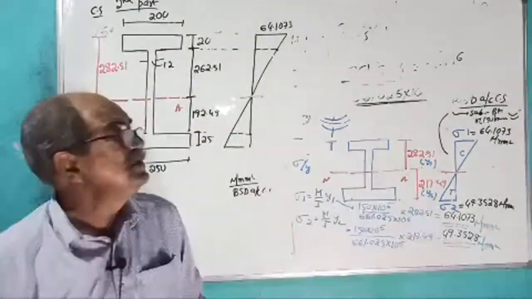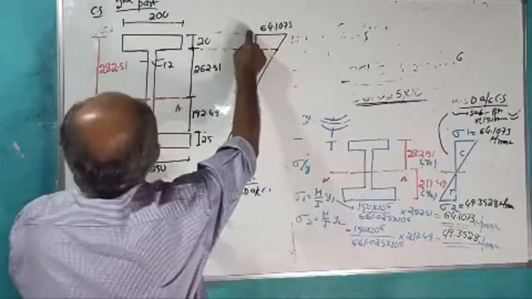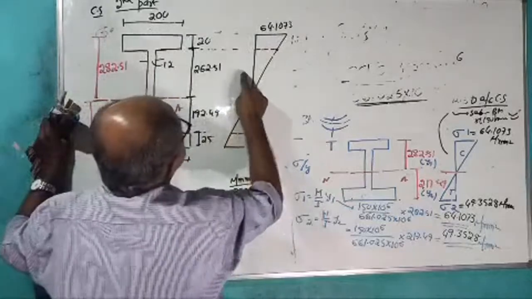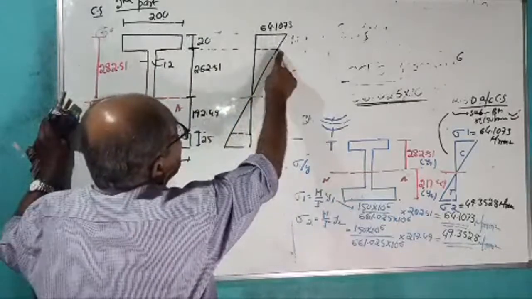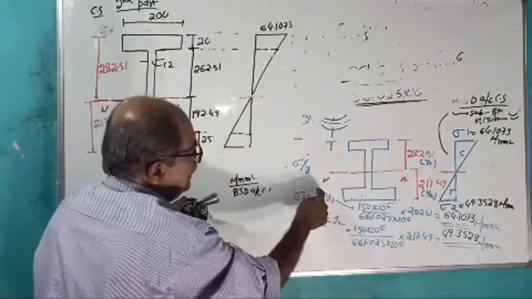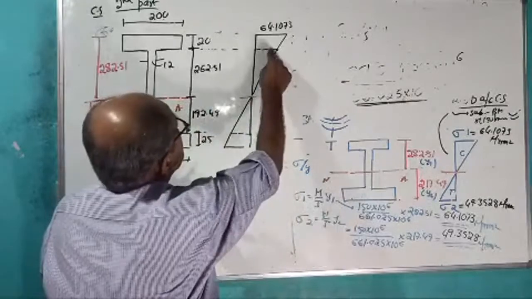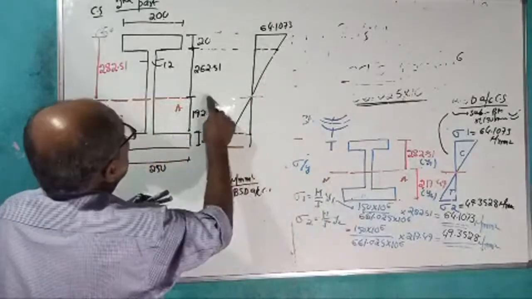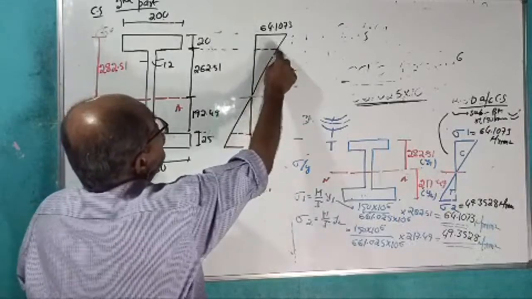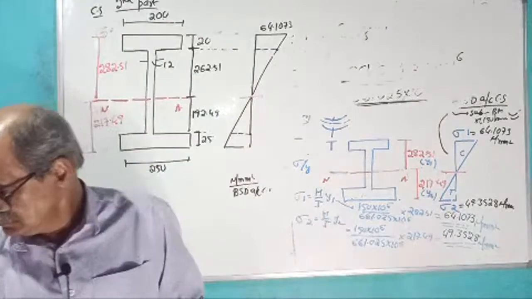What you can do is write 64.1073 divided by 282.51 into 262.51. From similar triangles you can get it. Or you can use the same equation, M by I equal to f by y or sigma by y. Substitute y equal to how much, tell me? If I want the stress here, substitute y equal to, answer.